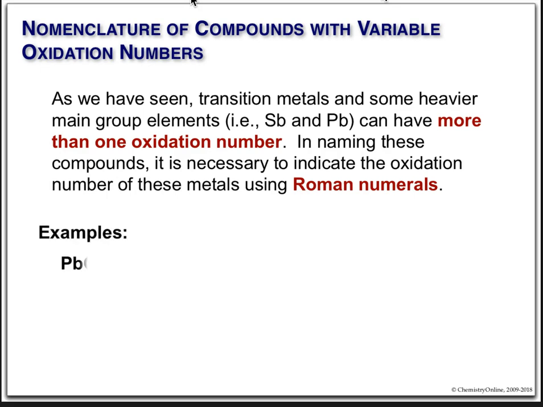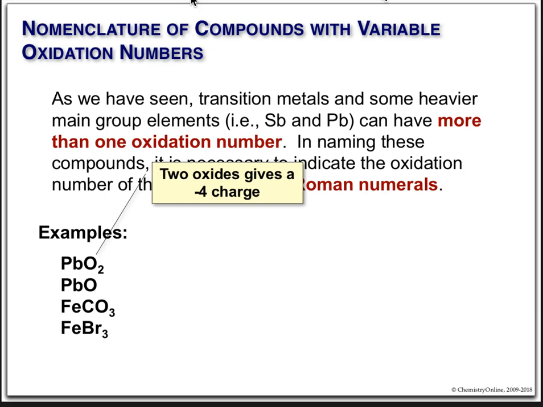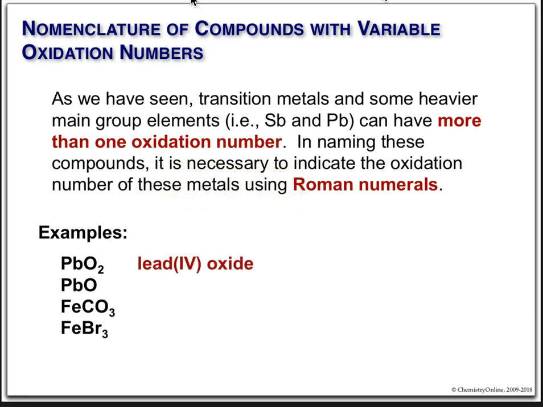So, if oxygen is -2, we have 4 negatives here. The lead must be +4, right? We would write lead(IV) oxide. No space between the lead and the parentheses.